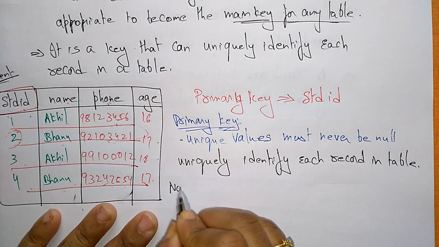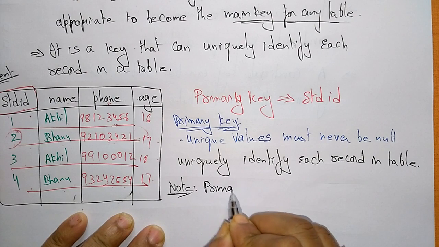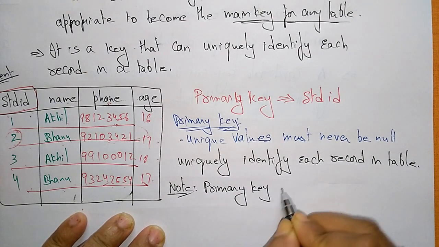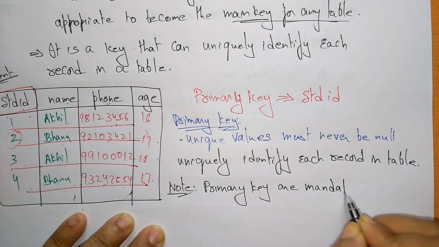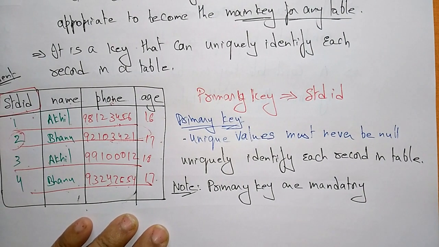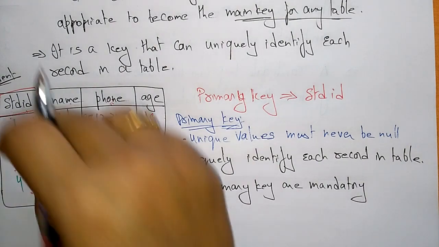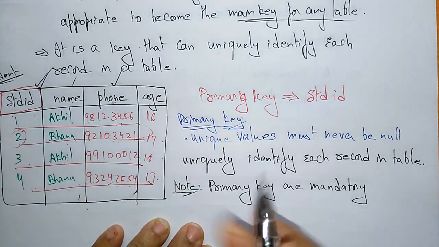And note, a primary key is mandatory. What I said at the start of this video: every table should hold one primary key. At least it has to hold one primary key attribute. Any attribute can hold a primary key.